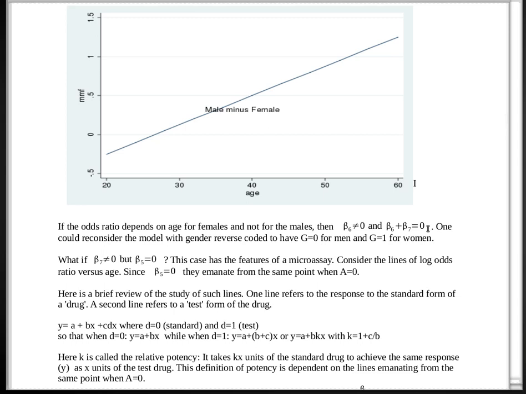Now, you could do that in Stata and explore that, or you could code the men and the women so that G is 0 for the men and G is 1 for the women, so-called reverse coding, and then repeat the analysis. Or you can do statistical tests for sums or linear combinations of regression coefficients. That's also available.